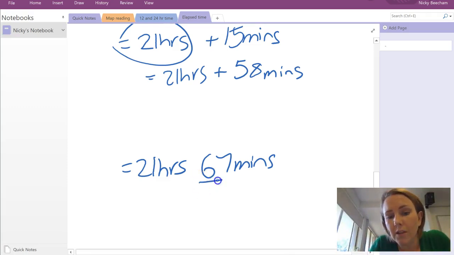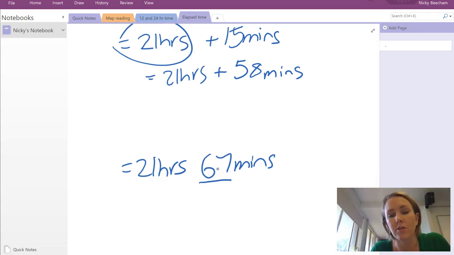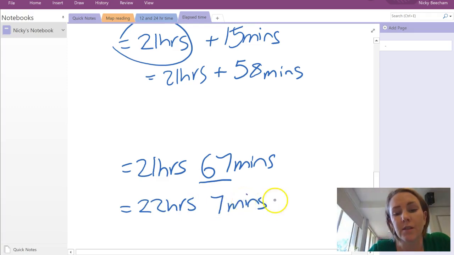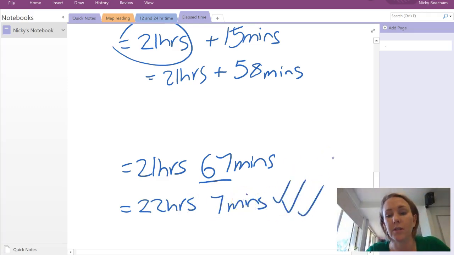If your minutes go over 60, which is 1 hour, you need to reorganize your answer. So 67 minutes is 1 hour plus 7. So I would add the extra hour onto my total hours and rewrite it correctly like this. This would be extra awesome correct. And that's what you should always be aiming for.